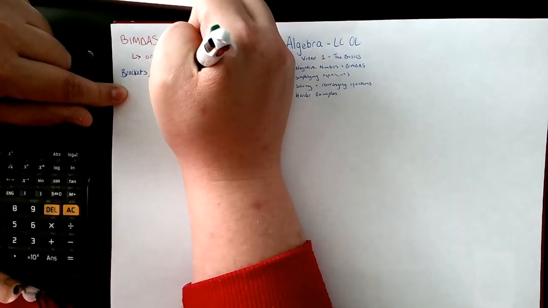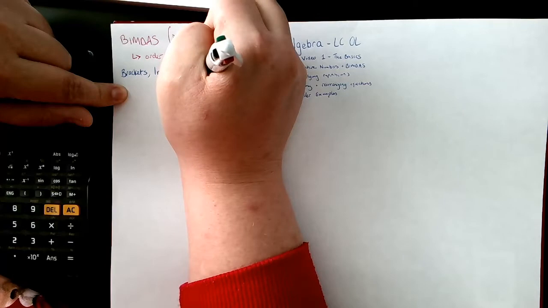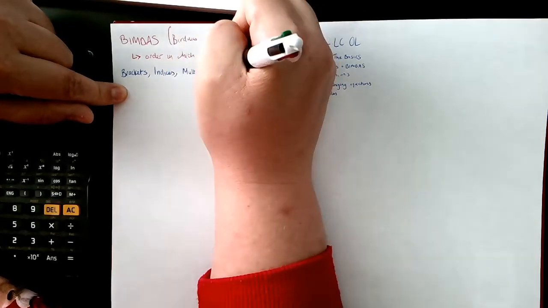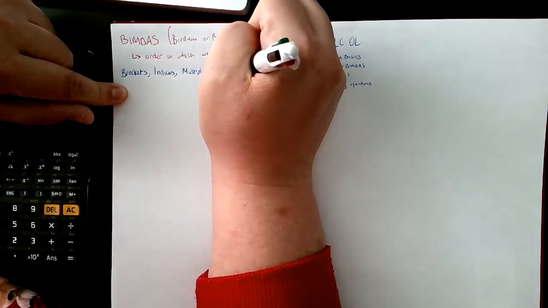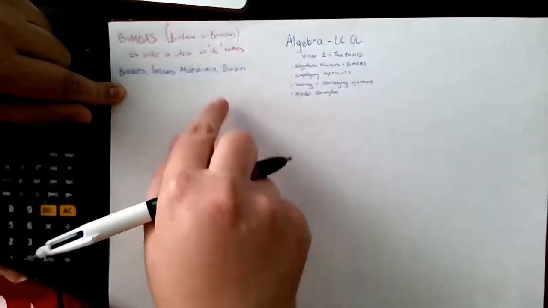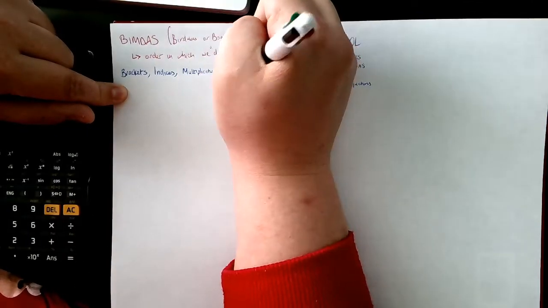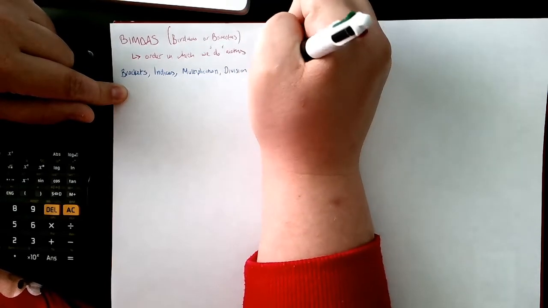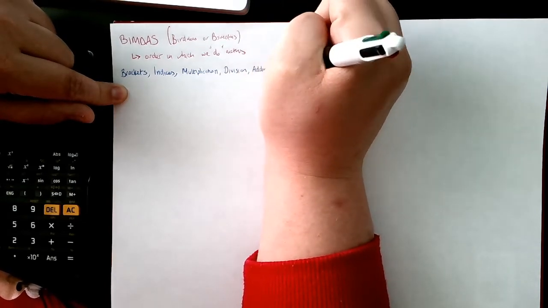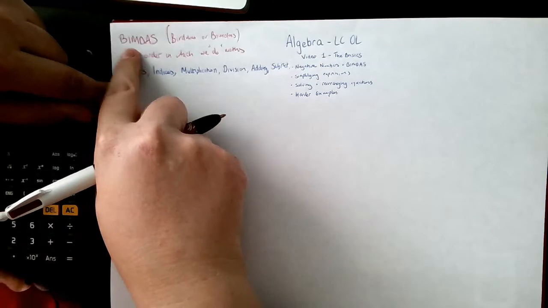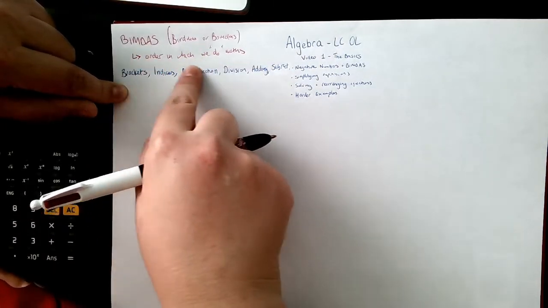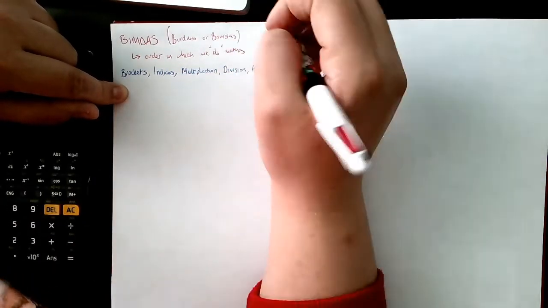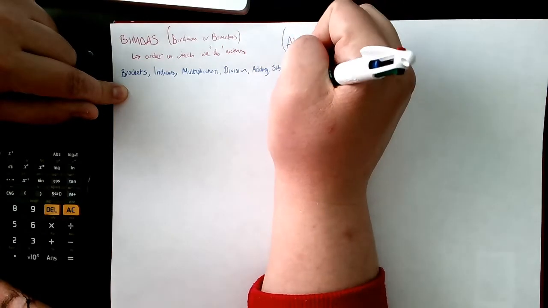M is multiplication, D is division, so we do our multiplying and our dividing next. Then we do our adding and subtracting. Okay, so that's the order in which we will solve equations in any aspect of maths.